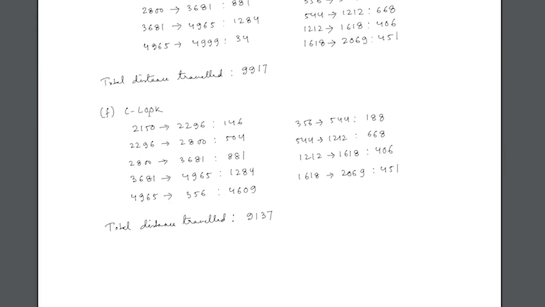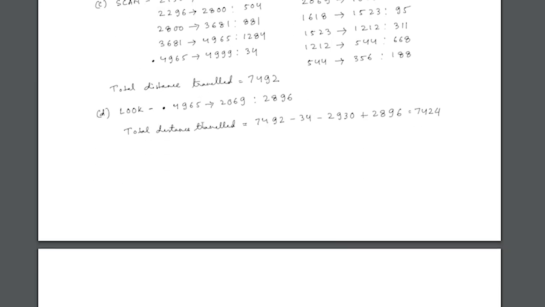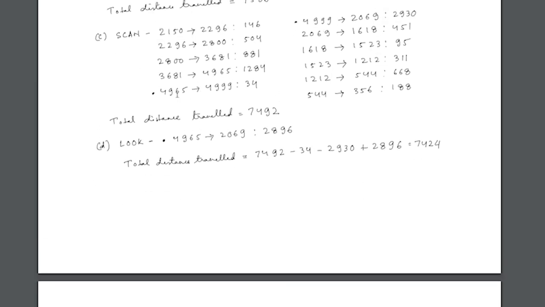Now let's go to the last algorithm, that is the C-LOOK algorithm. And C-LOOK is just a variation of the LOOK algorithm. In the LOOK algorithm, the heads will not go to the very end of the disk. As we saw, they directly went from 4965 to 2069. But in C-LOOK, what is going to happen?